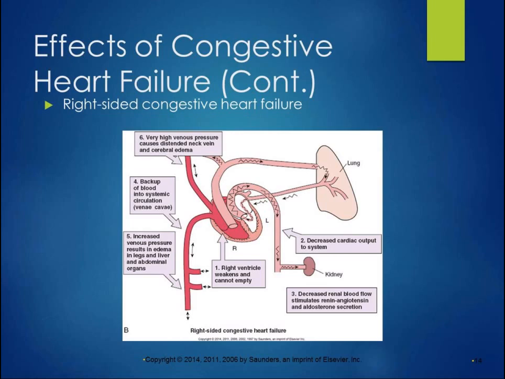Increased venous pressure results in edema in the legs, liver, and abdominal organs. And very high venous pressure causes distended neck veins and potentially cerebral edema. So neither left nor right congestive heart failure is a good thing.